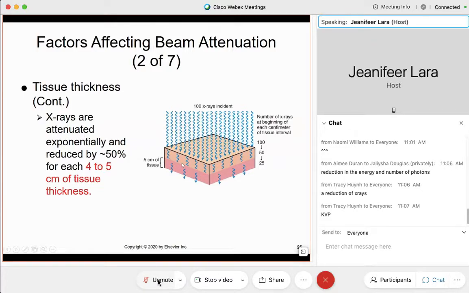So here our X-rays are going to be attenuated, either scattered or absorbed, exponentially. Meaning, if we have about 100 X-rays incident, as the tissue thickness increases, for each 4 to 5 centimeters of tissue thickness, we are going to reduce approximately 50%. So we know for about 4 to 5 centimeters of tissue increase, we are going to lose half of our quantity.